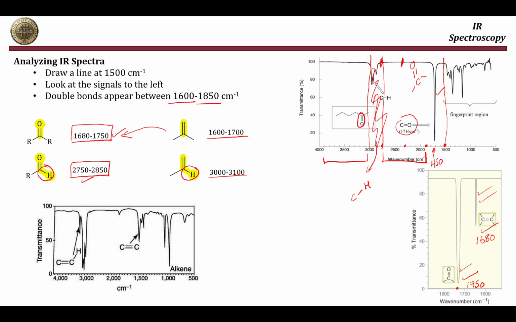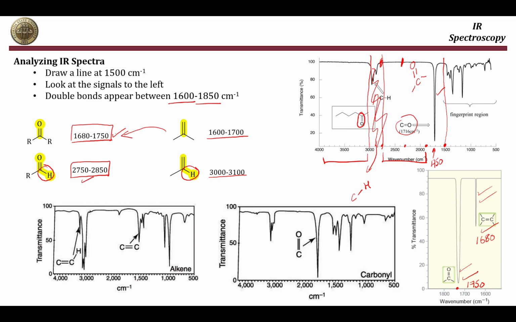So again, let's take another look at those two spectra here. This is the difference. Let's say you were given this spectrum. Draw this line at around 1500, and you see this short peak here tells you that this is a carbon-carbon double bond. To make sure that you have a carbon-carbon double bond, look for a small peak at around 3100.